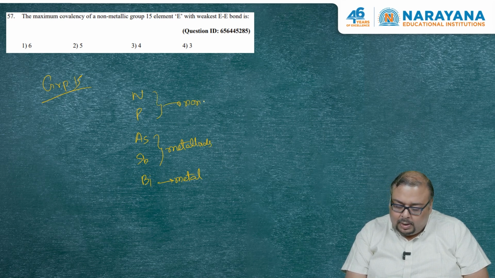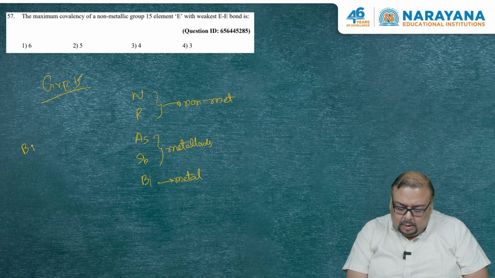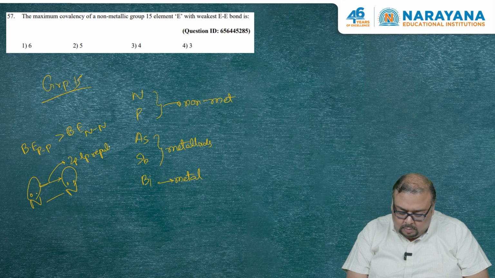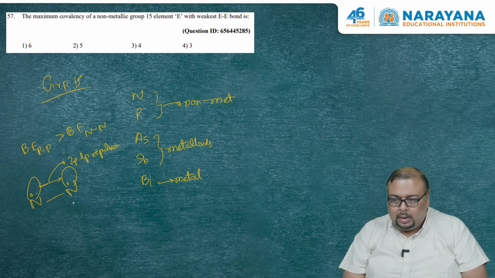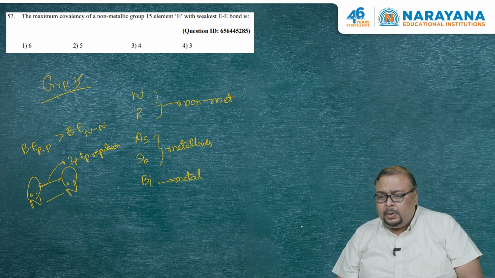So we have to compare the bond energy of N-N and P-P bonds. Now P-P bond energy will be greater than N-N bond energy, because in case of nitrogen, due to the repulsions between the 2p lone pairs, the repulsions will be more, so bond energy will decrease compared to P-P.